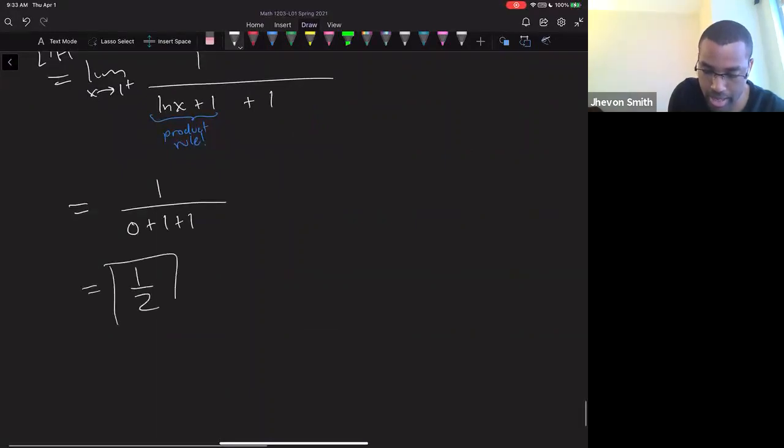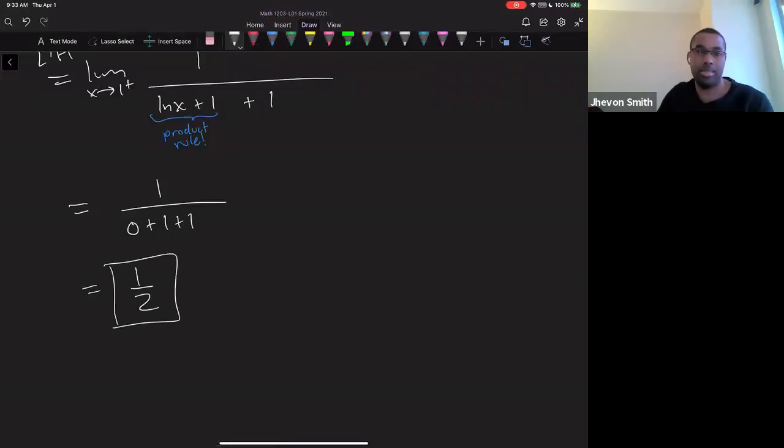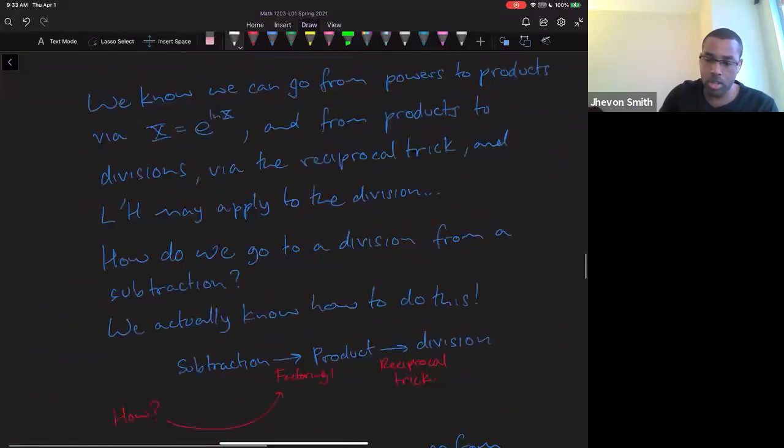Infinity minus infinity is a half here, which is kind of silly to think about, but it is the answer. Okay, so those were just some examples on L'Hopital's rule.